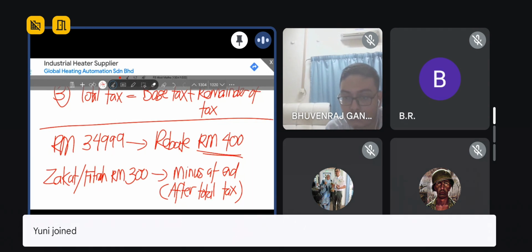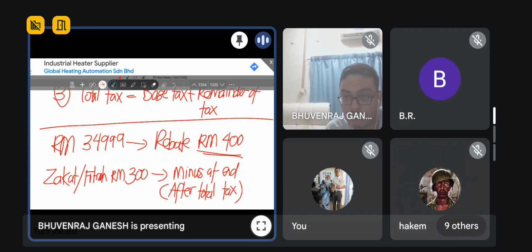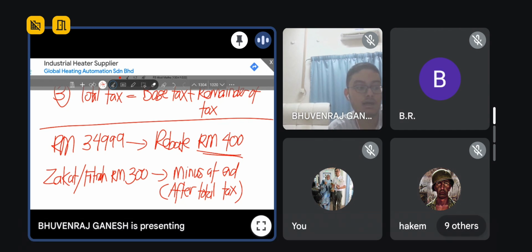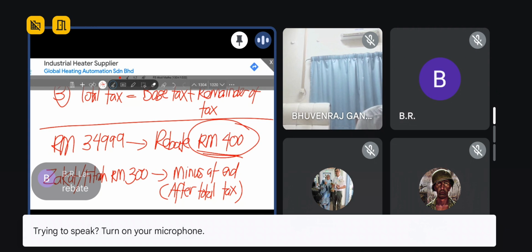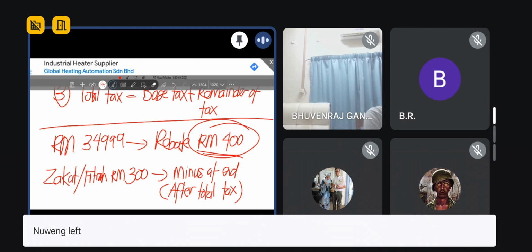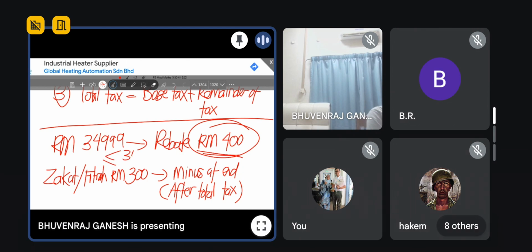Okay. Wait, just now someone asked question. Let me go back. Bowen, question won't show. What do you mean by question won't show? Which one? Oh, yes, correct. Question won't show this value, guys. You need to remember it. Alright? Kena hafal. RM 400. Whenever you see your chargeable income is less than or equal to 35,000.